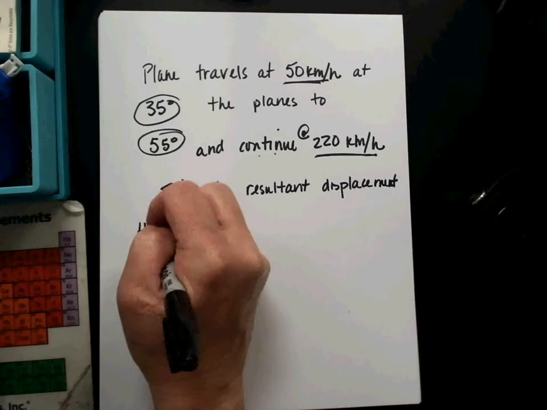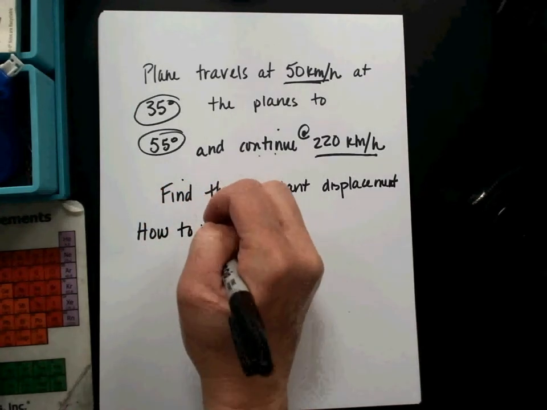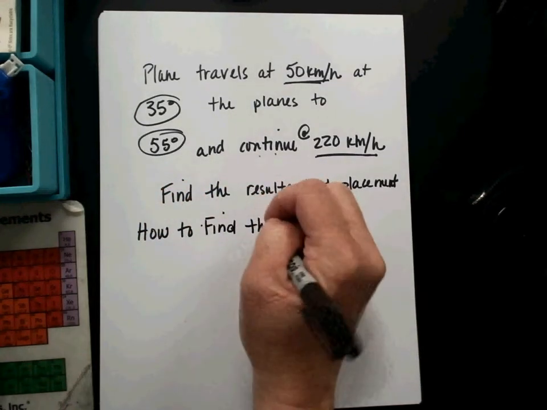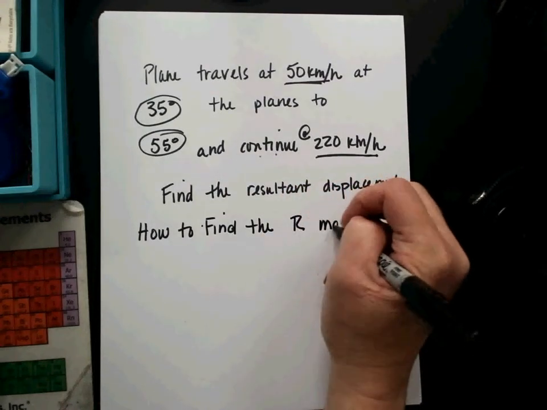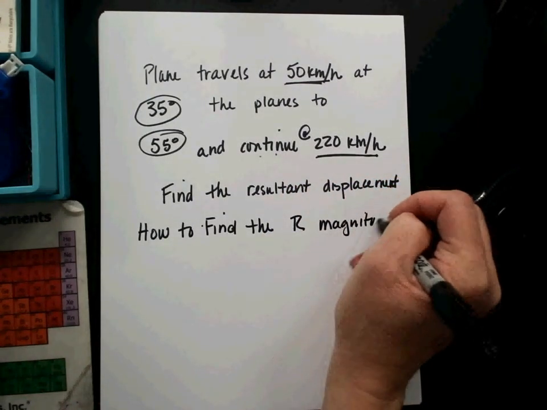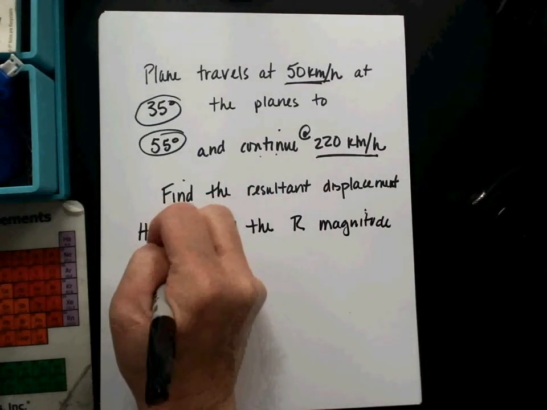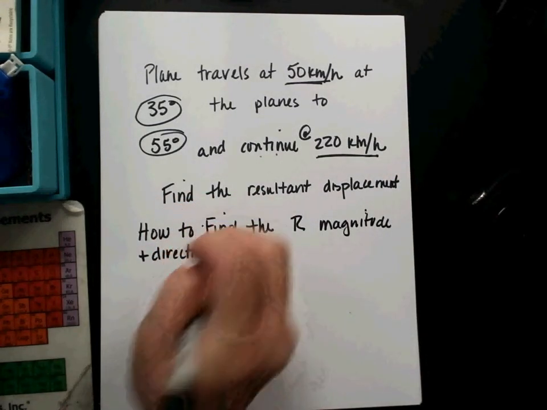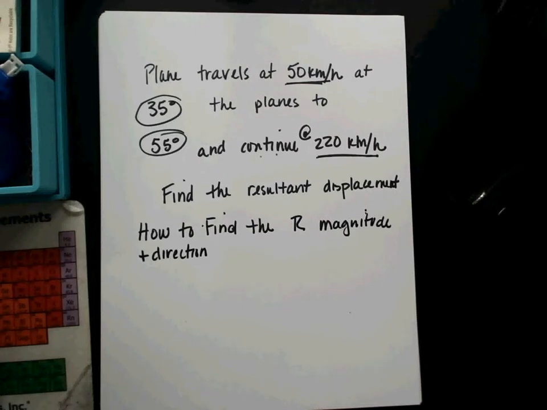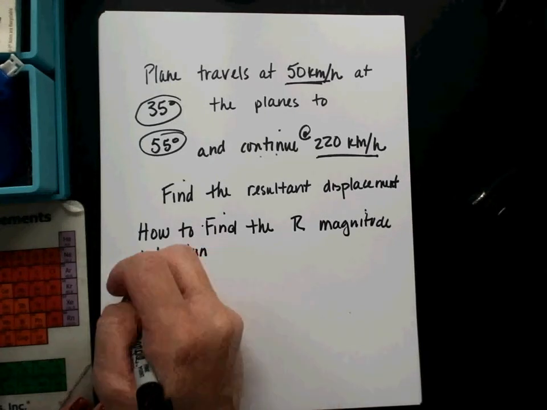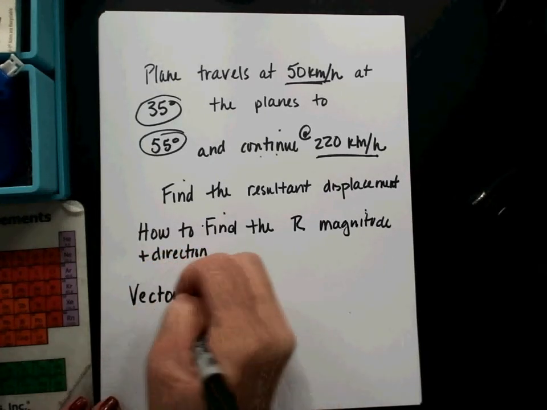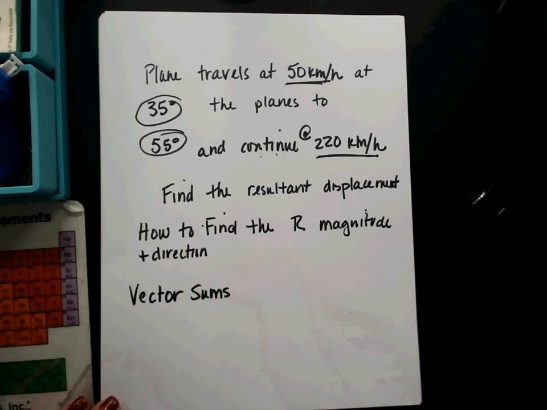So let's talk about how you find r, magnitude, and direction. The way that we're going to go about doing this is we're going to use something we've used before, vector sums.